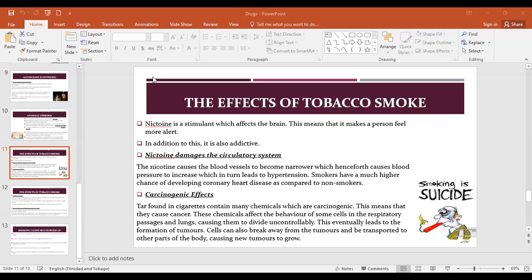And then remember, there is tar that is found within the cigarettes as well. And the components of tar are actually cancer causing. When we speak about cancer causing substances, we call them carcinogenic. So carcinogenic means that they actually cause cancer, right?